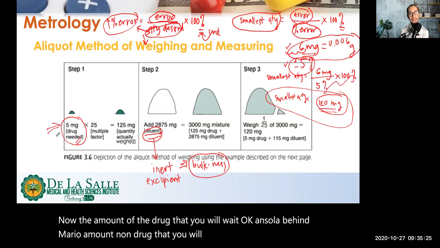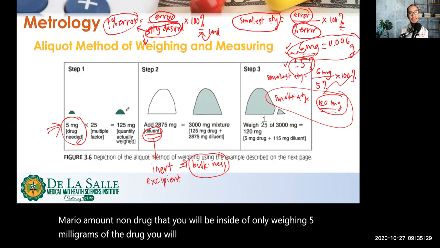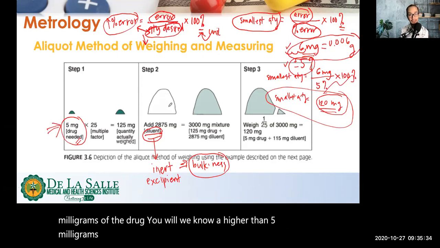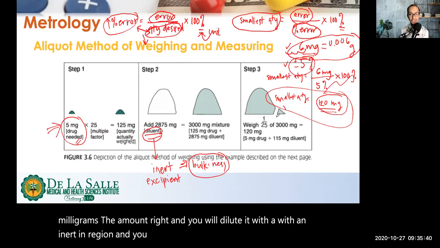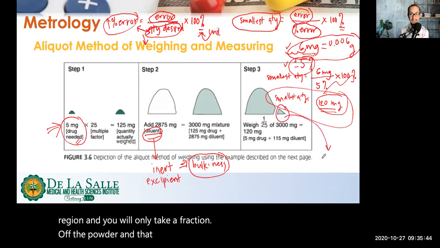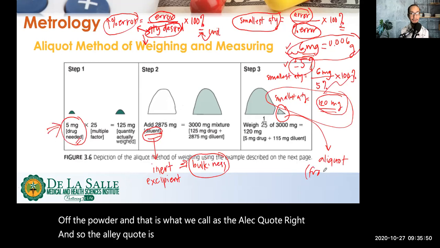Instead of only weighing 5 milligrams of the drug, you will weigh a higher amount than 5 milligrams, and you will dilute it with an inert ingredient. You will only take a fraction of the powder, and that is what we call the aliquot. So the aliquot is simply the fraction or the portion of the powder.